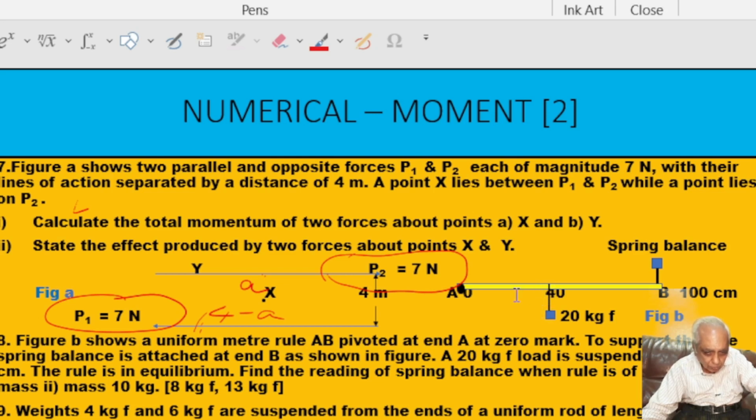So the body can rotate about point A. The 20 kgf will rotate the body in clockwise direction. So the spring force should be upward so that it rotates the body in anti-clockwise direction.